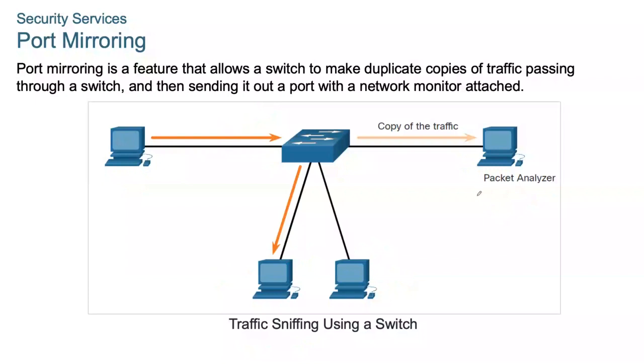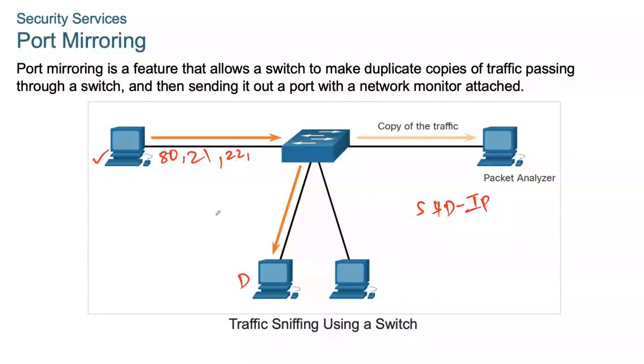This packet analyzer analyzes the source and destination IP addresses. If a device is sending, the source IP address is this one and this one is the destination, and which service it is using. Suppose it is HTTP, that means it uses port number 80. If it is SSH, it may use port number 21 or 22, telnet another, and different services have different port numbers.